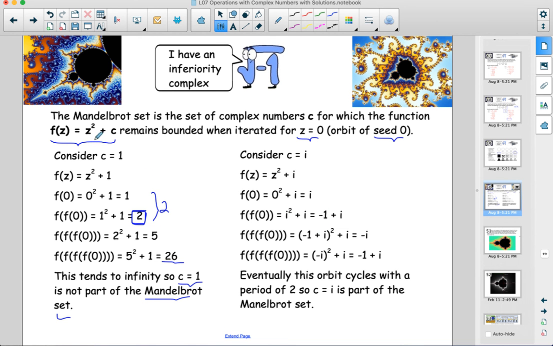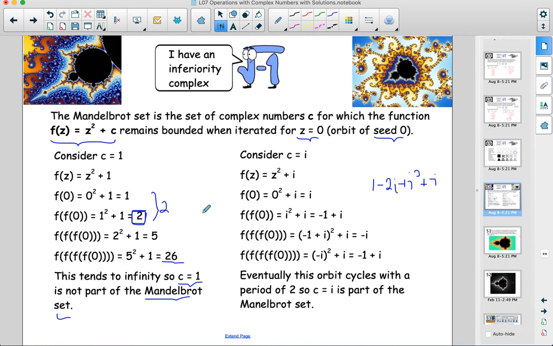Coming back over here, plugging in -1 plus i for z, and then adding i, this is going to give me 1 minus 2i plus i squared plus i. 1 plus i squared is 0. -2i plus i is -i. So we're back at -i.